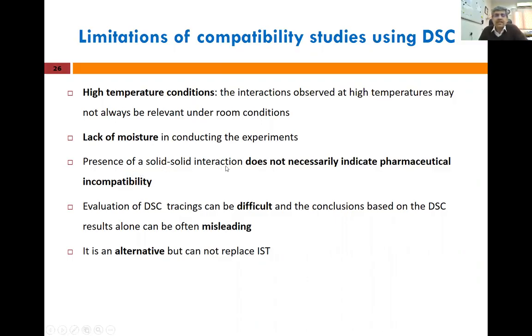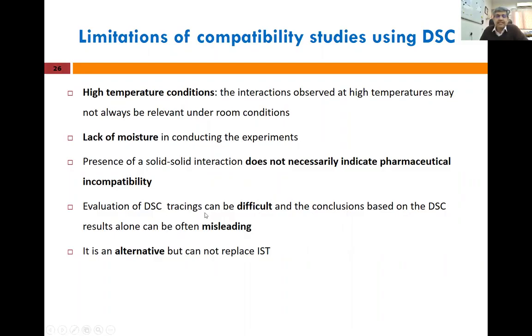Presence of solid-solid interactions as shown by DSC does not necessarily indicate pharmaceutical incompatibility, which means there could be certain false positives that are shown by the DSC.